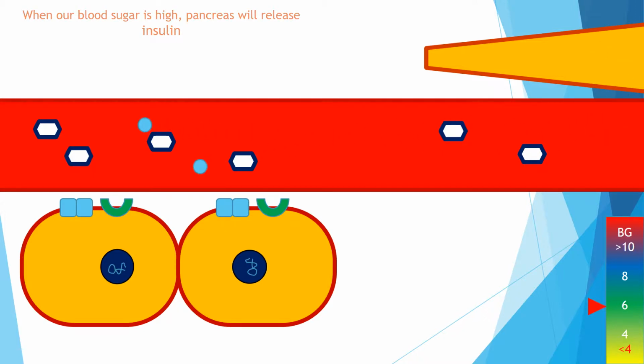And when the blood sugar level is increased, it will stimulate the pancreas to release more insulin into our blood vessel. And the insulin will be absorbed by the tissues and utilized by the body cells. So the insulin will bind to the insulin receptor on the cell membrane.